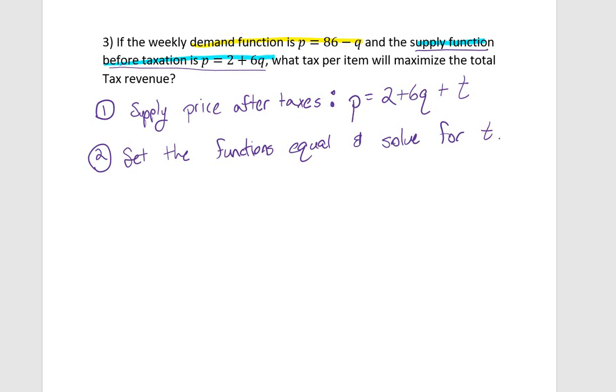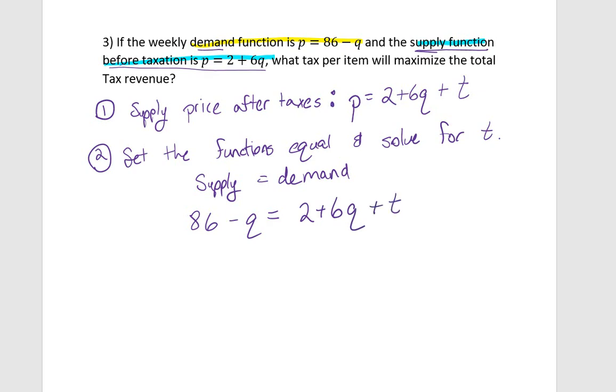So here's why we want to do that. Remember that you're going to be maximizing your revenue when your demand is equal to your supply. So we're going to take supply and we're going to set it equal to our demand function. So what that means is that we're going to take 86 minus q and set that equal to our supply function with the taxes.